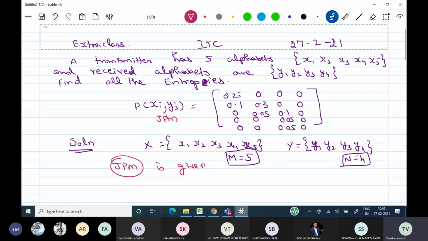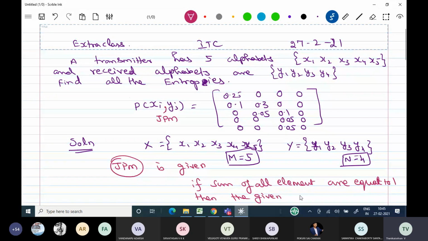If the sum of all the elements is equal to 1, then the given matrix is a joint probability matrix.